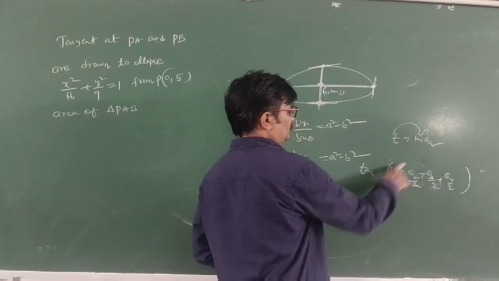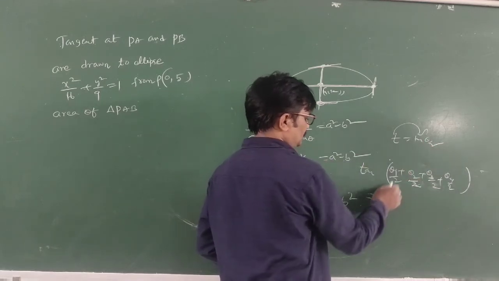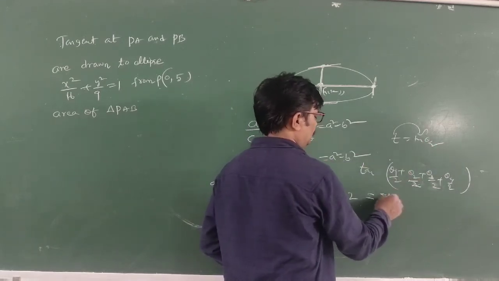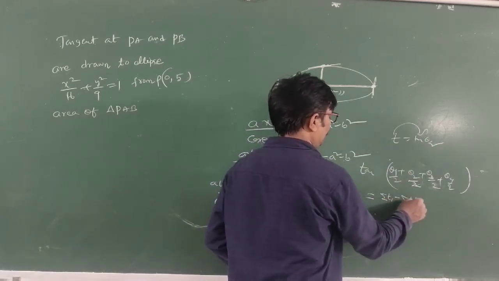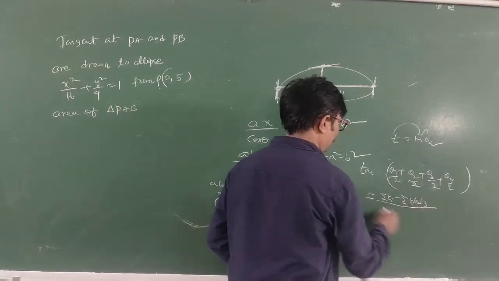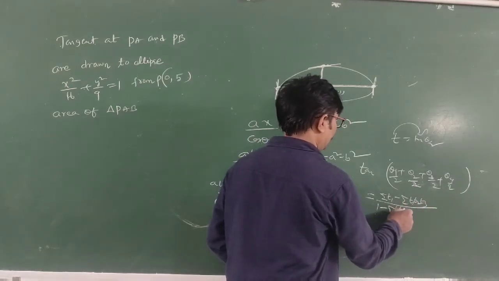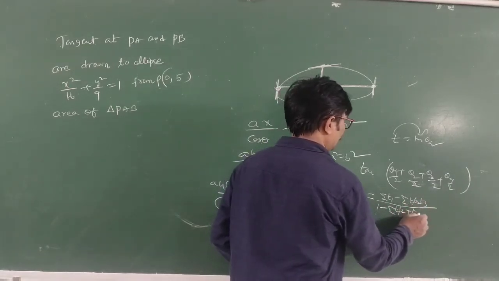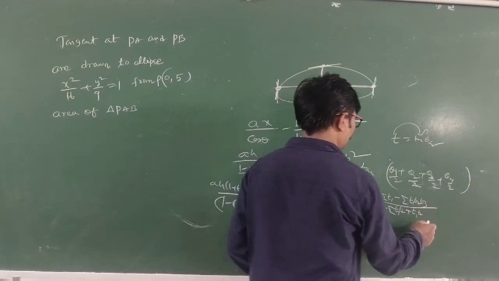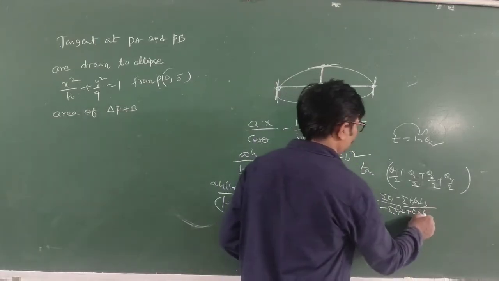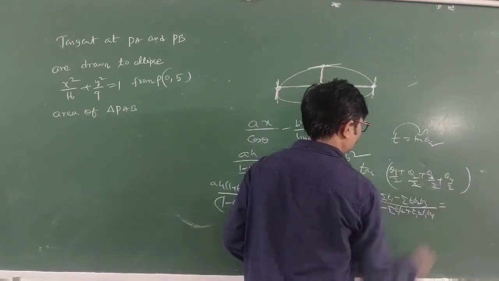So here why are we taking this one? Theta 1 by 2. This is sigma t1 minus sigma t1 t2 t3 upon 1 minus sigma t1 t2 plus t1 t2 t3 t4.